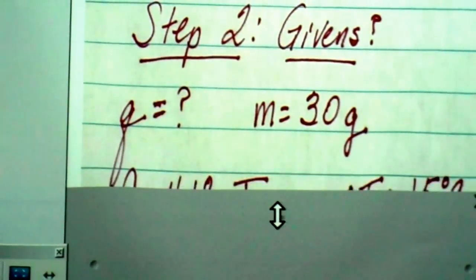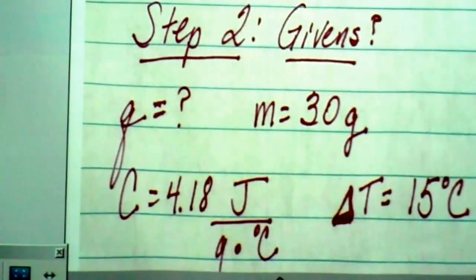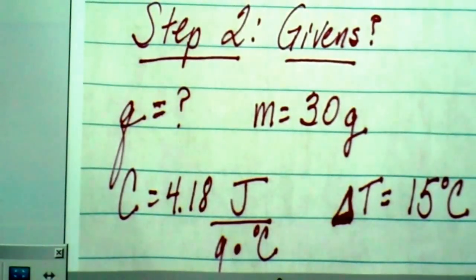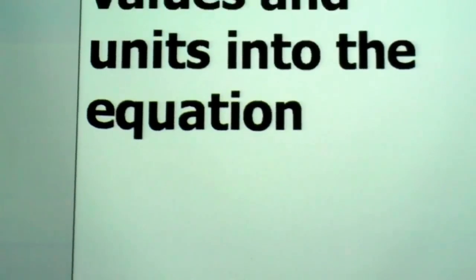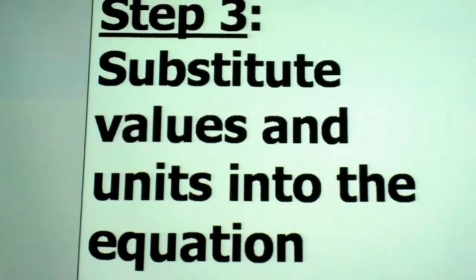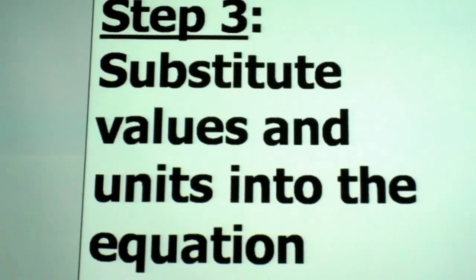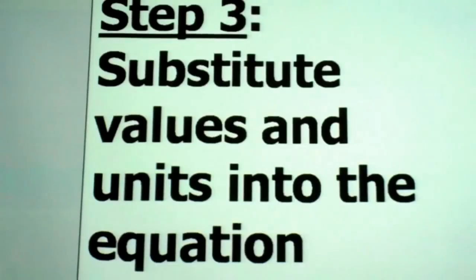And then we have our C, which is from the reference table for water, 4.18 joules divided by grams times degrees Celsius. And the delta T is 15 degrees. The third step is to substitute the values and the units into the equation.